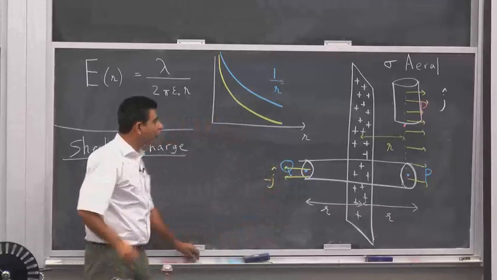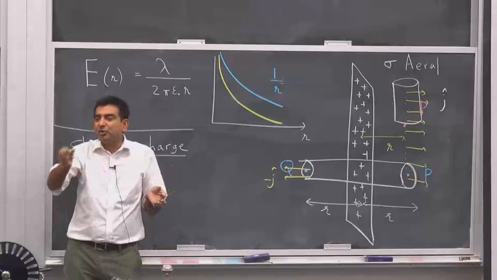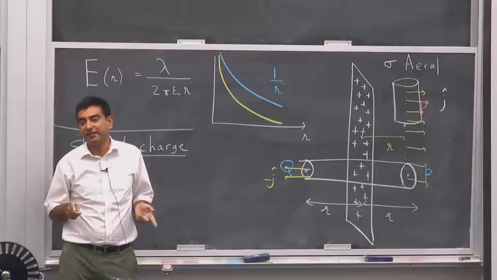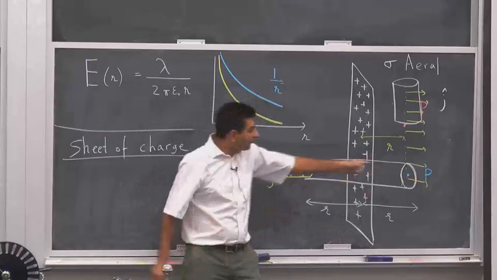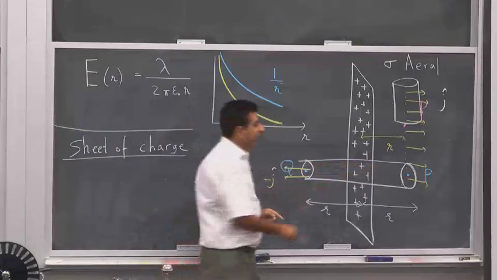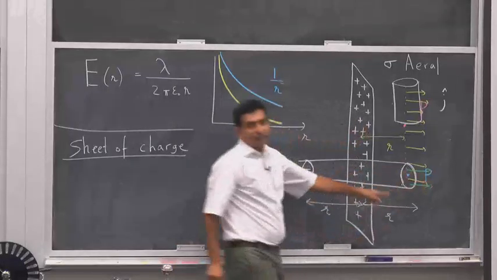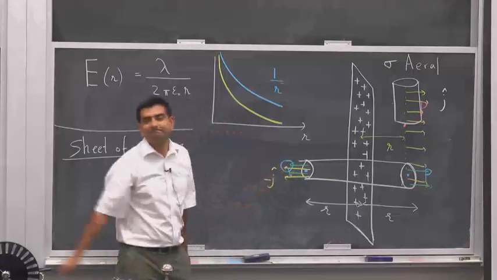And if I were to draw unit normals, if I were to break this Gaussian cylinder into small patches, there are three kinds of surfaces that I have here. One is the curved surface, and there are two end caps. The unit normals on the end caps are pointing parallel to the field here, and they're also pointing parallel to the field here.